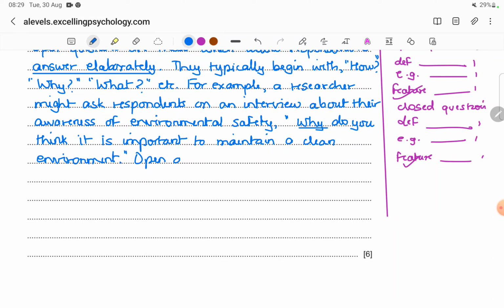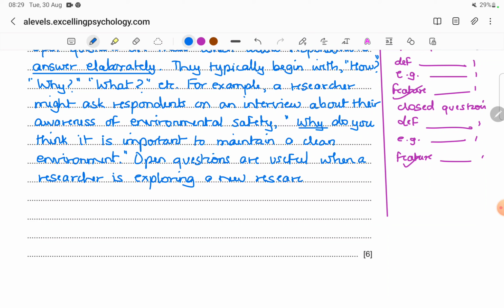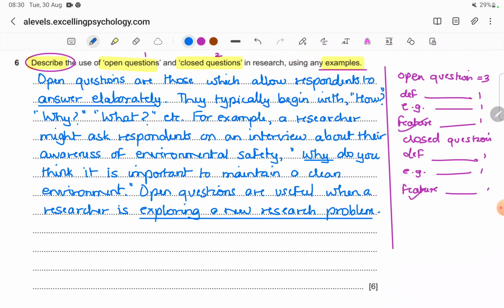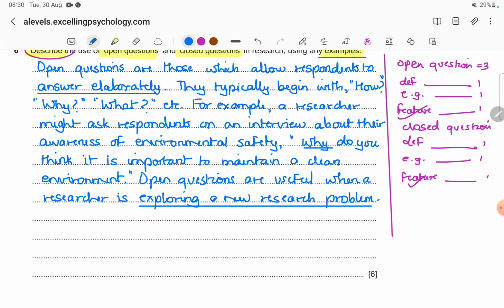Open questions are useful when a researcher is exploring a new research problem. Because then the researcher needs details, as the problem is unknown, so he needs as many details of the problem as possible. Any other feature that you've learned of it, you could include.